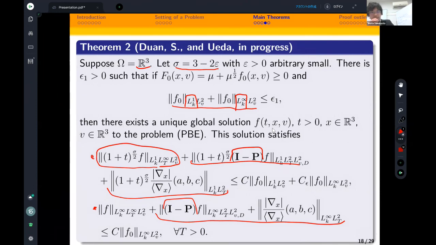Could you give a brief explanation of how to prove the positivity of the solution? Is it a difficult problem? No. The method is we decompose the solution F into two parts, the F plus part and the F minus part, and we derive the energy estimate only for the F minus part.